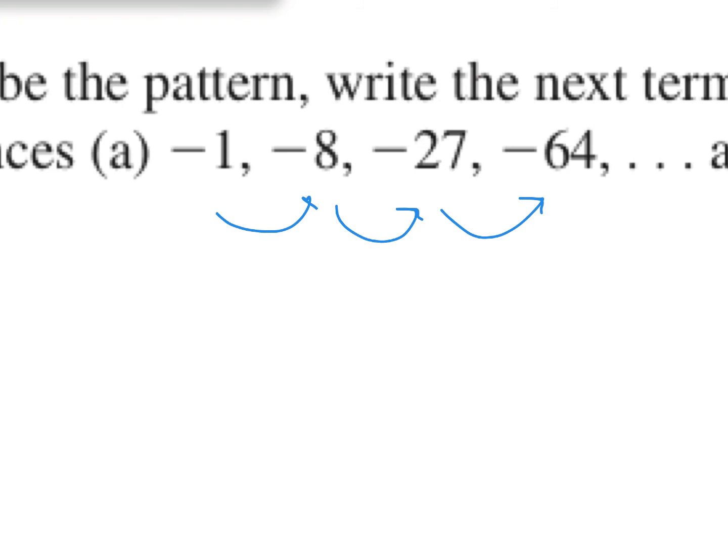Here I'm subtracting 7, here I'm subtracting 19, so that doesn't really help us. Next I want to think, am I multiplying by the same number to get to the next? Here I'm multiplying by 8. Here I'm not multiplying by anything to get to 27, because 8 doesn't go into 27, so nope, that doesn't help.